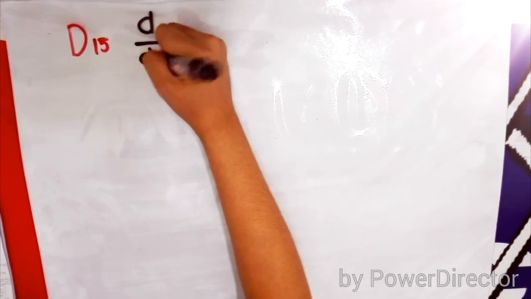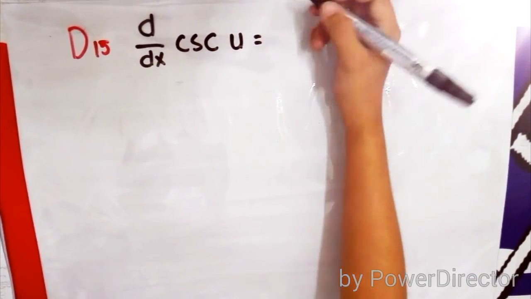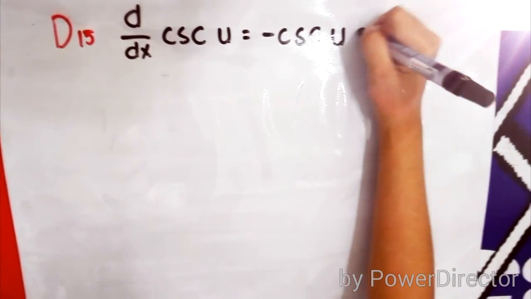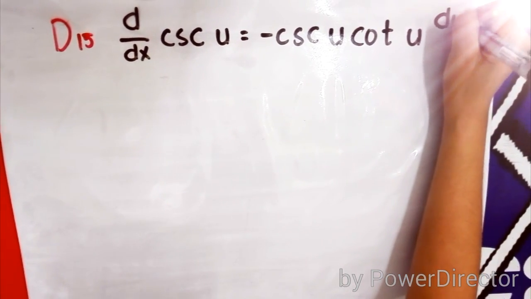D15. The derivative of cosecant u is equivalent to negative cosecant u cotangent u multiplied by the derivative of u.